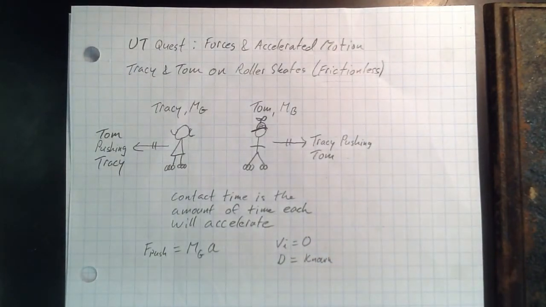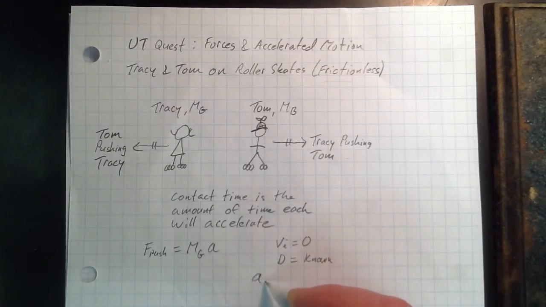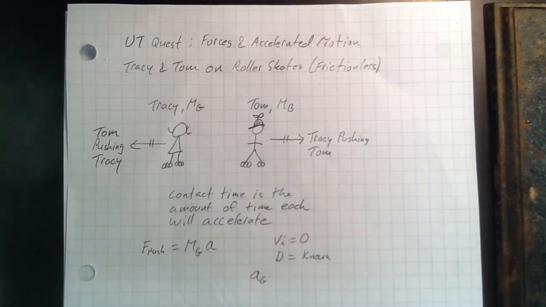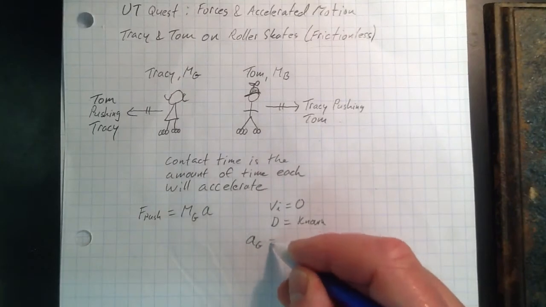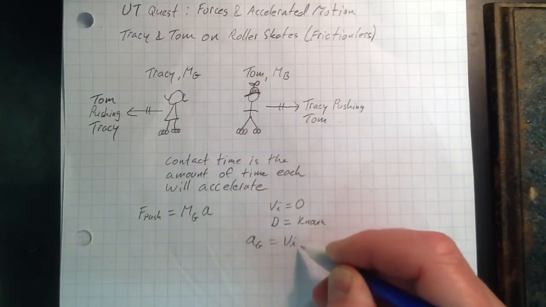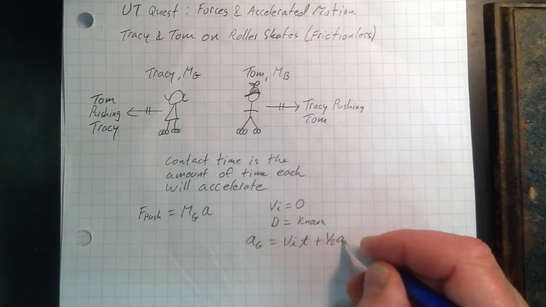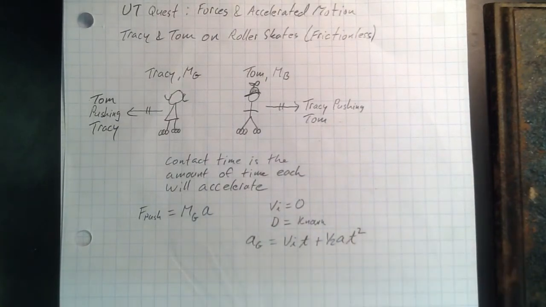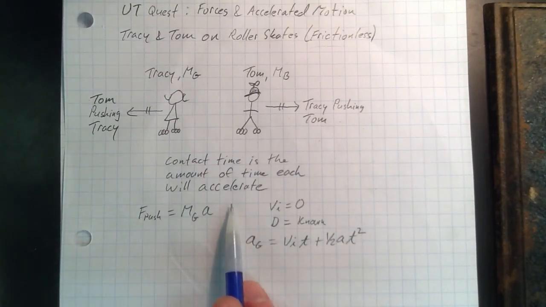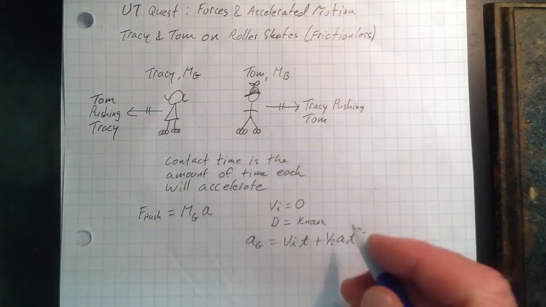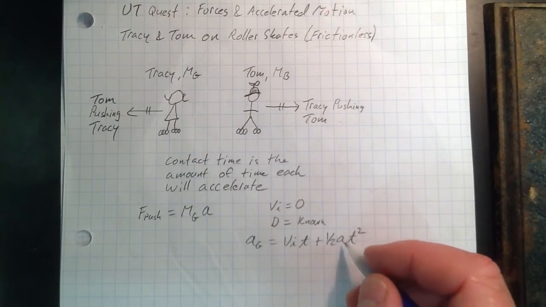So I'm going to back calculate her acceleration. The acceleration of Tracy, the girl, comes from x = V initial t plus 1/2 a t squared. And this t is the contact time. While they're pushing, they'll be accelerating.